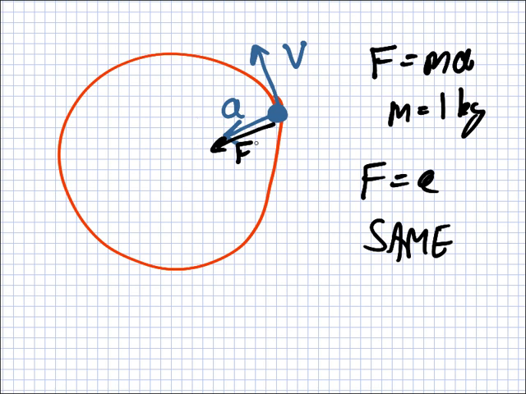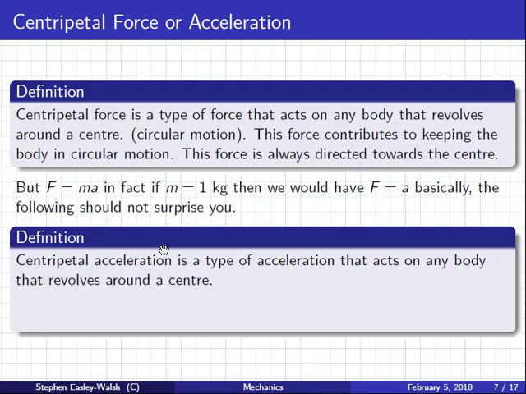Where there's the F, there's the A. And where there's the A, there's the F. They're in the same place, in the same direction. Okay? So we call this A the centripetal acceleration. It's the acceleration when you revolve around a circle. So you need to write this down. It's a centripetal acceleration.